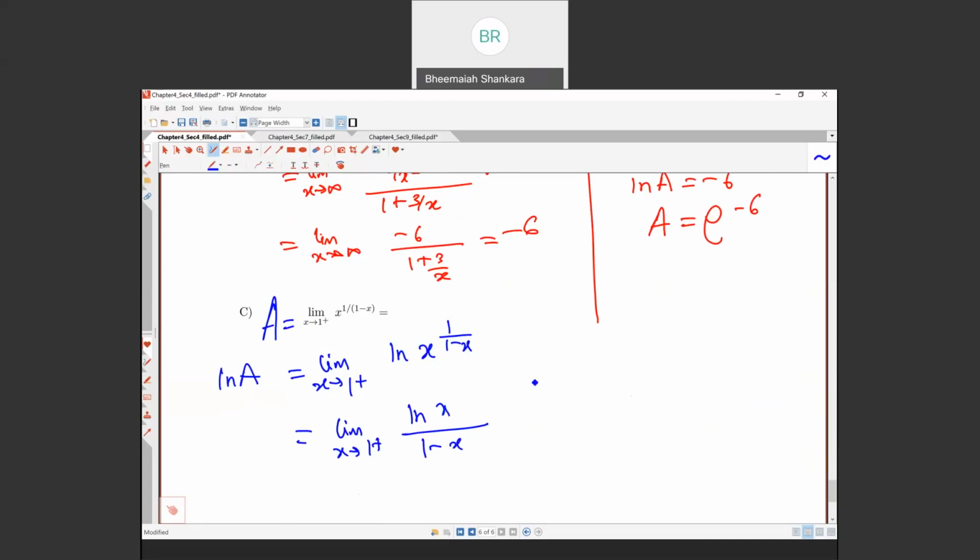Apply L'Hopital's rule because you're getting a 0 over 0 form here. Limit x approaching 1 plus 1 over x divided by -1, -1. So you have natural log of a equal to -1. So you can write a equal to e to the -1, which is your final answer.